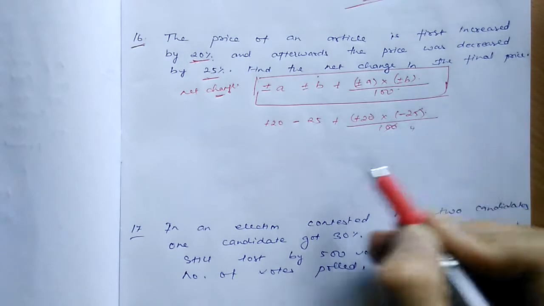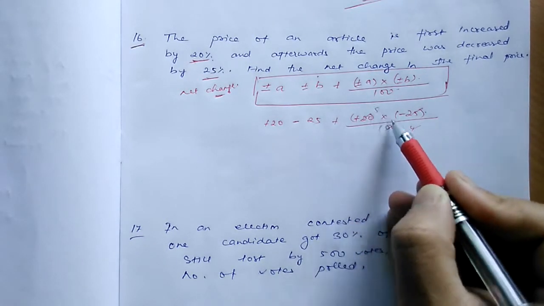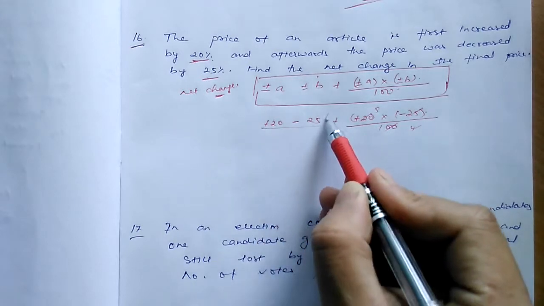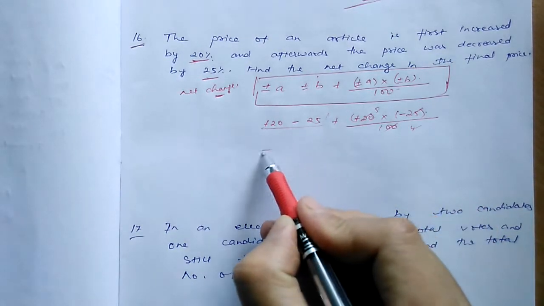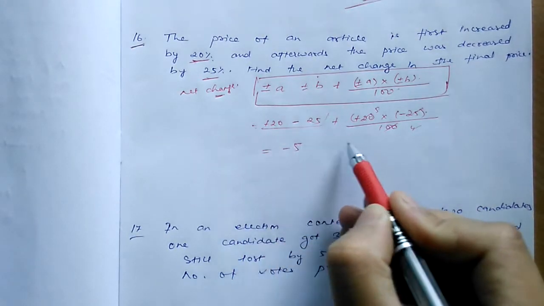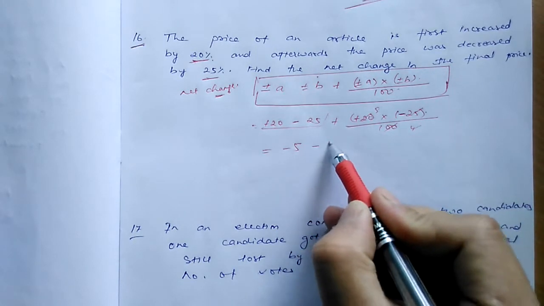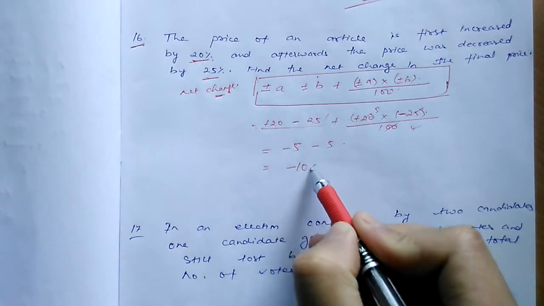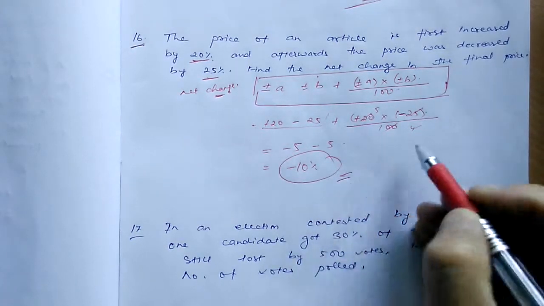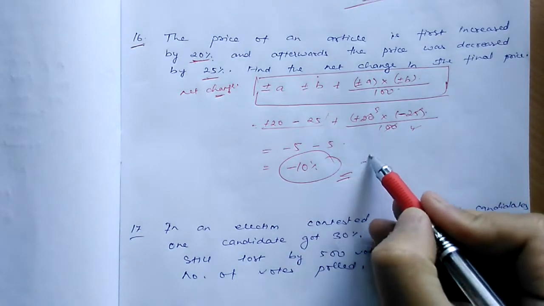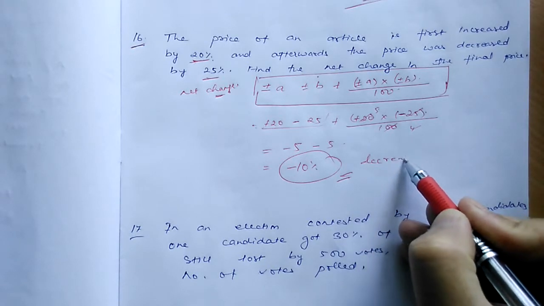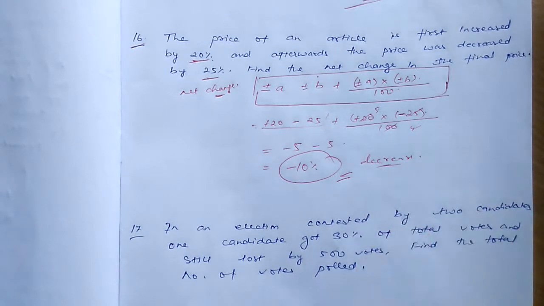So this goes 4 times, this goes 5 times. We'll get minus 5 from this, and again minus 5 because we have minus here. So minus 10% is our final answer. So a 10% decrease is the final price.